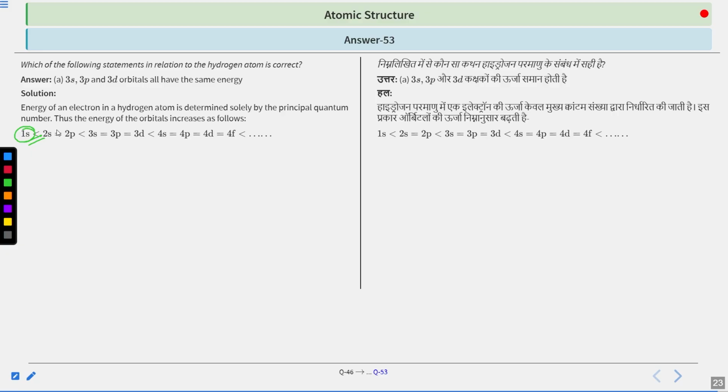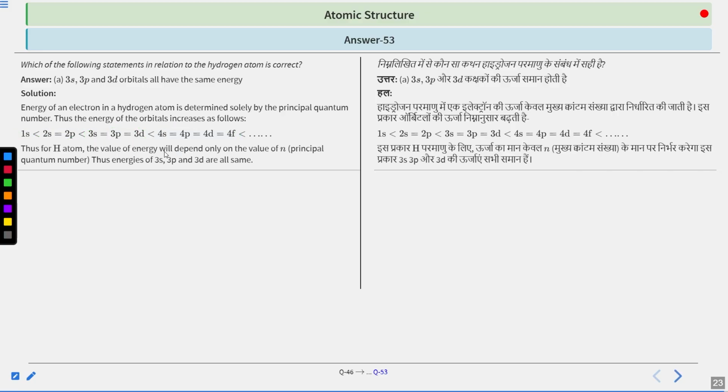Therefore 2s and 2p will have the same energy, 3s, 3p and 3d will have the same energy, and 4s, 4p, 4d and 4f will have the same energy. This type of question is very common, and if not this type, then a corresponding one is also obvious. So just keep this in mind. Therefore the energy of all these three will be the same in the case of the hydrogen atom.